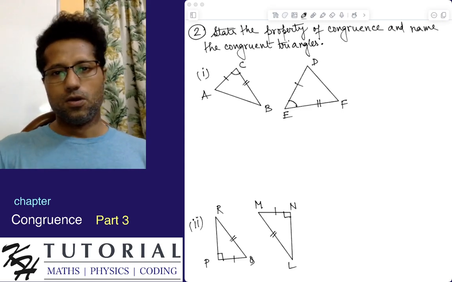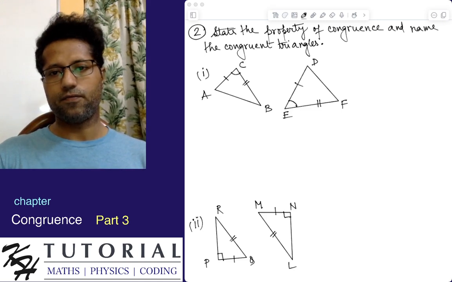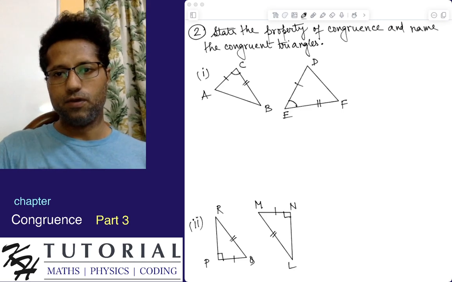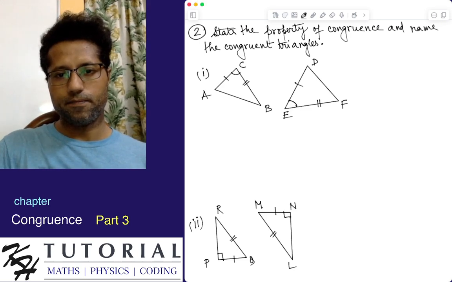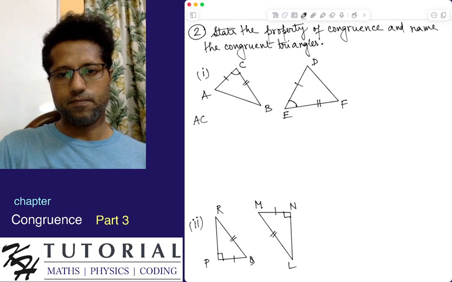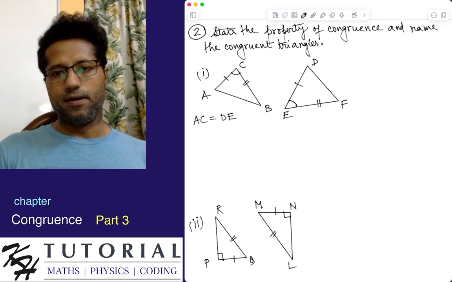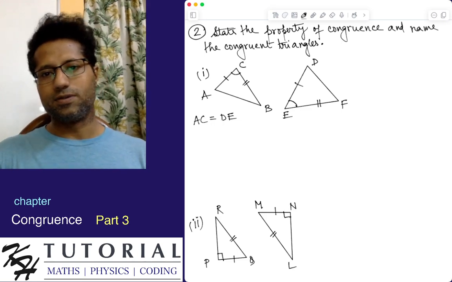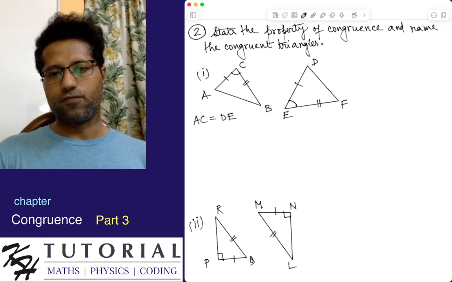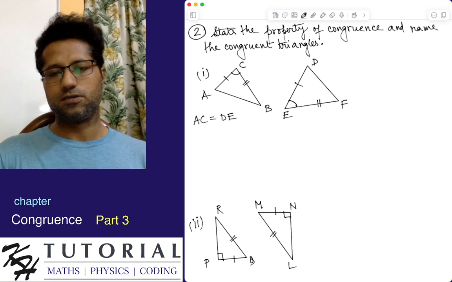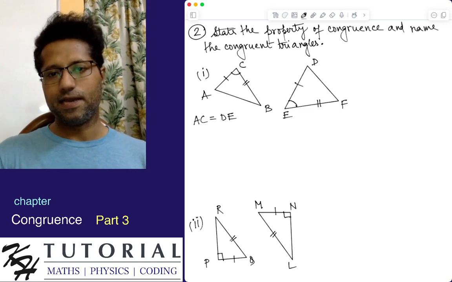Okay. So part 1, we are given triangle ABC and DEF, and we can clearly see as it is visually marked in the figures that we have AC is equal to DE. Please note that from this figure, an indication of the equality of the sides, I can say that AC is equal to DE.